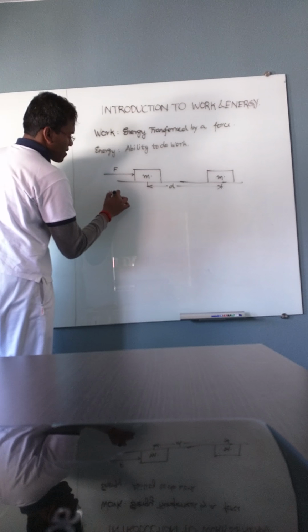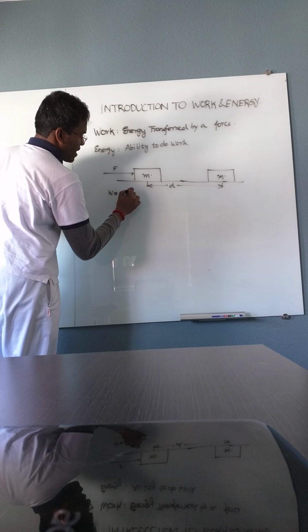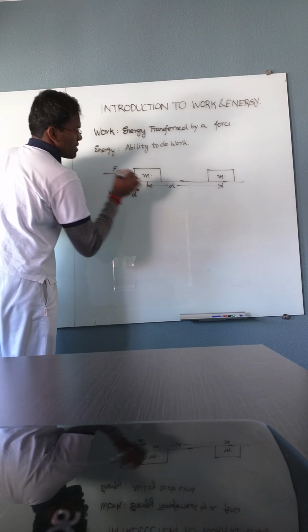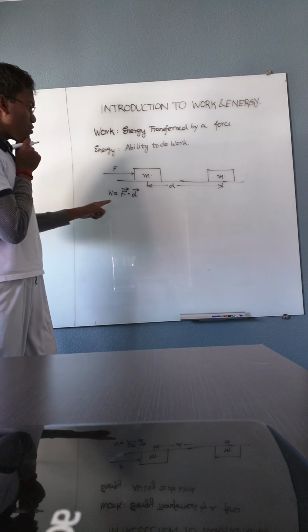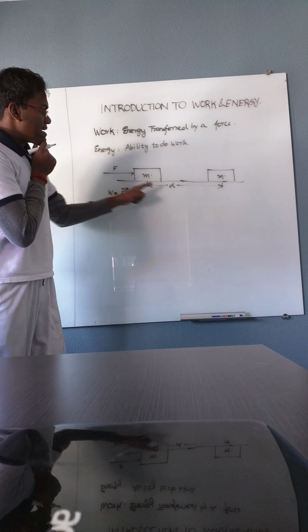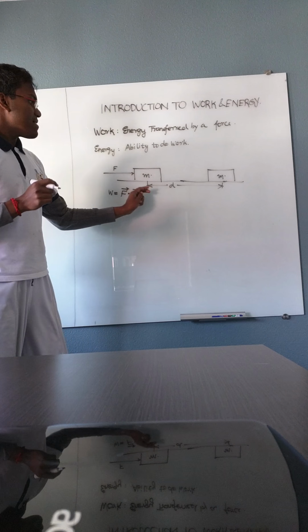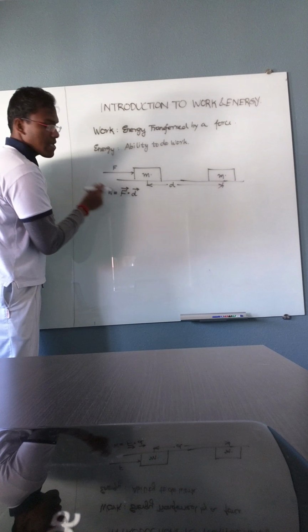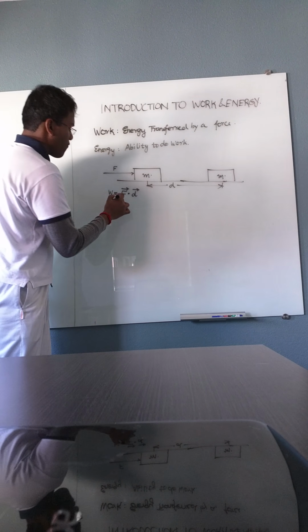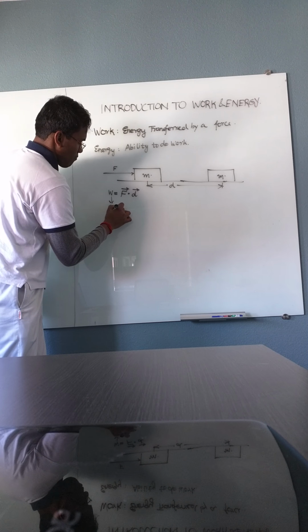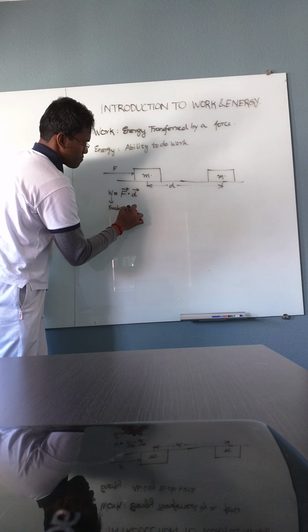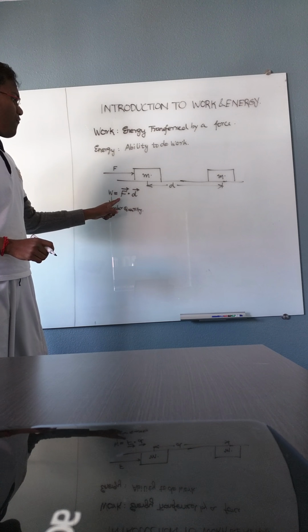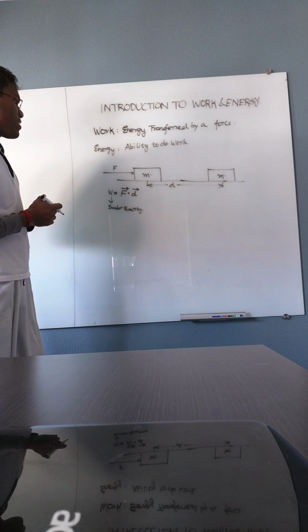Then work done by the force is defined as the dot product of force and the displacement. Force and displacement are two vector quantities, so when you take the dot product of both of them, you get a scalar. So work is a scalar quantity.